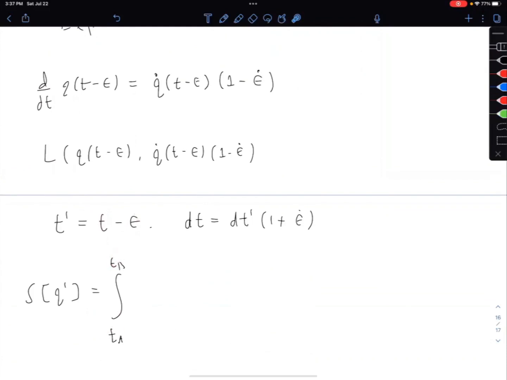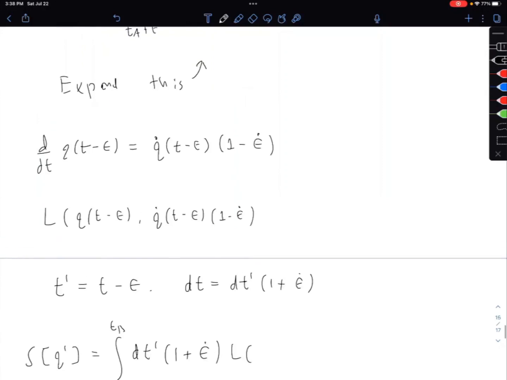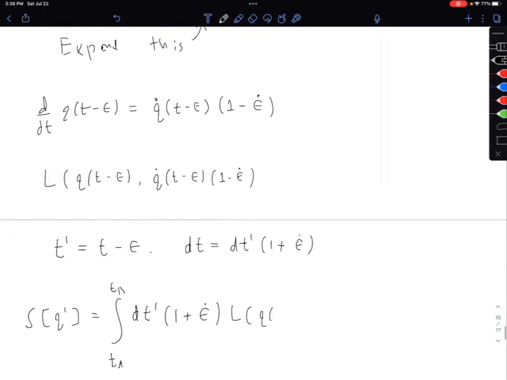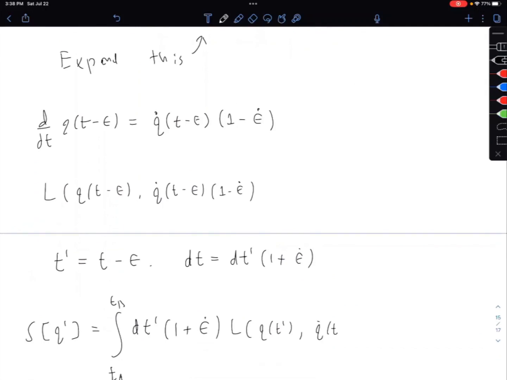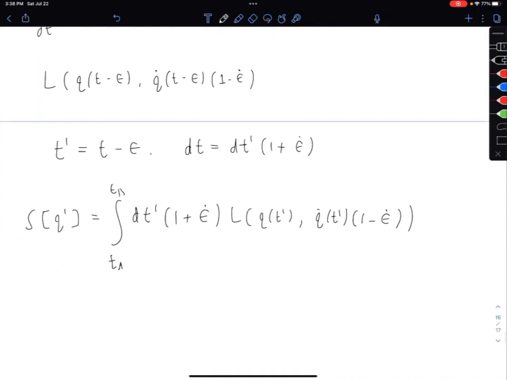So I now have the same bounds, and then I'm going to have dt prime times 1 plus epsilon dot, times L of Q of t prime, Q dot of t prime times 1 minus epsilon dot.